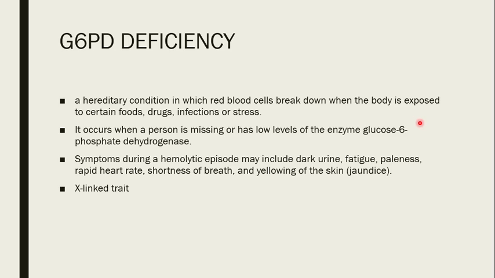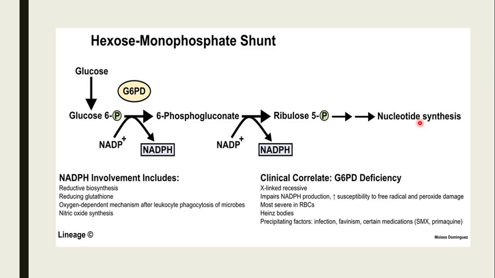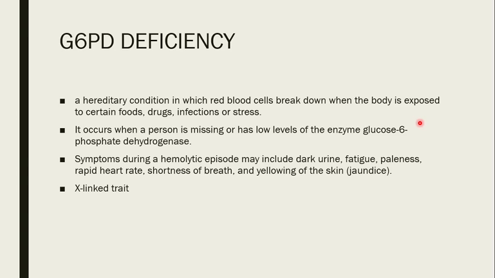So if you do have G6PD deficiency, this is a newborn screening test always done on, of course, babies, because newborn is the term. So this is always a newborn screening test. And also, if you do have this one, you have your hemolytic anemia symptoms. So it's quite an X-linked trait. It means that you can get this from your mothers.